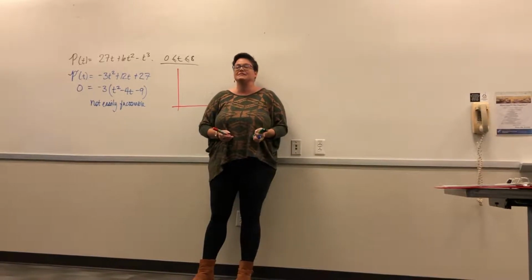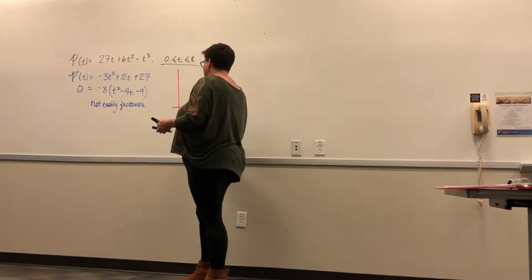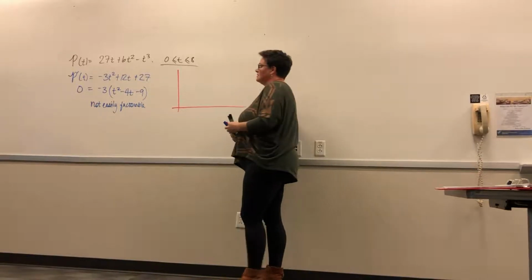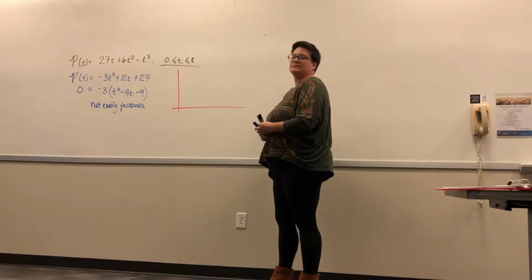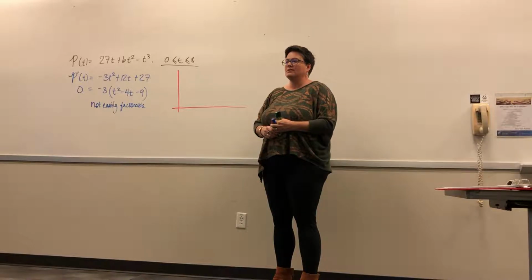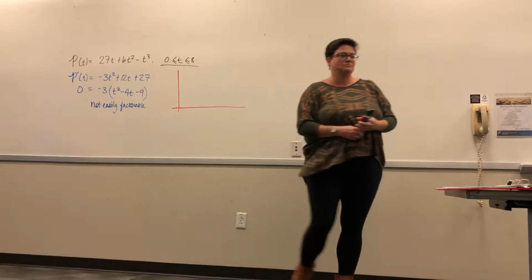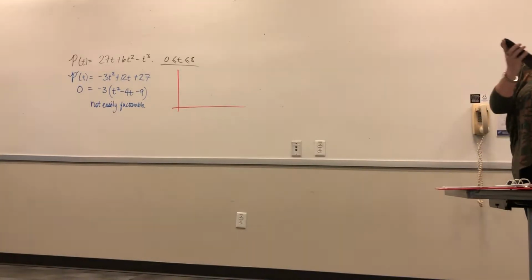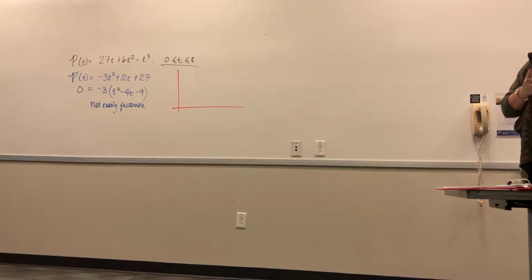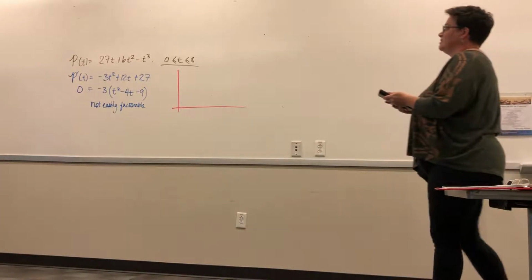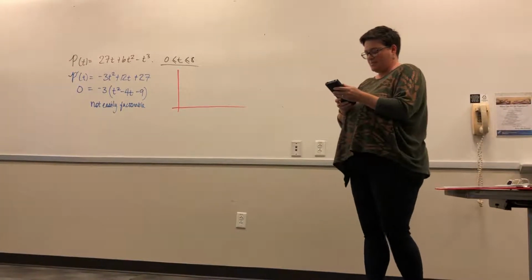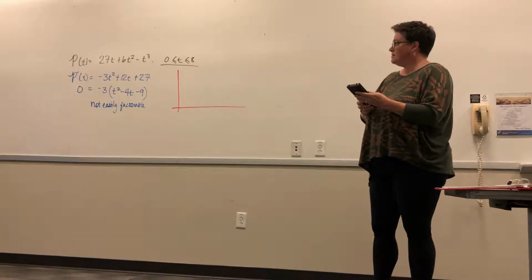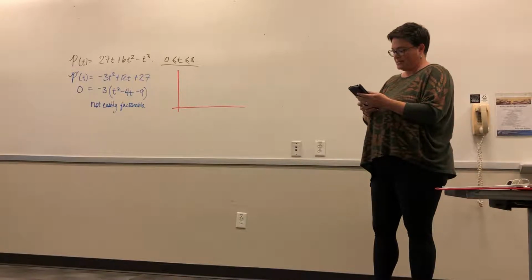So if we graph t squared minus 4t minus 9, we'll get some t where the slope is 0. I'm just gonna do it, oh wait, I already had it in there. x squared minus 4x minus 9.